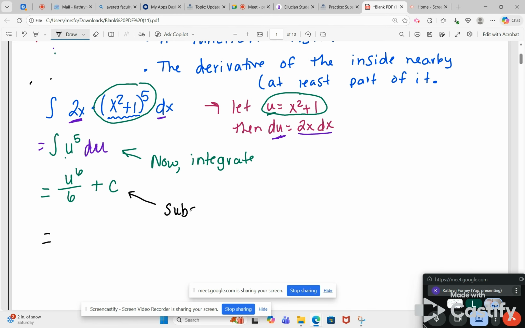And then from this, we want to substitute for u because we want to get this back in terms of x.